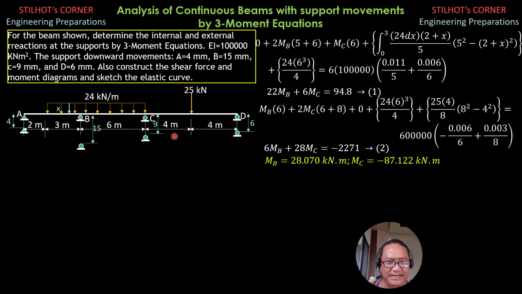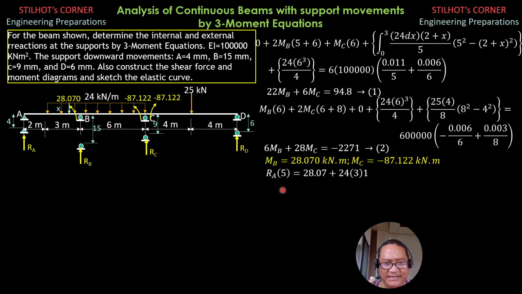We then apply these moments so that we can analyze the support reactions as shown in the figure. So first, considering AB, summation moment about B equals 0, RA times 5 equals 28.07 plus 24 times 3 times 1.5. So RA is equal to 27.214 kilonewtons.